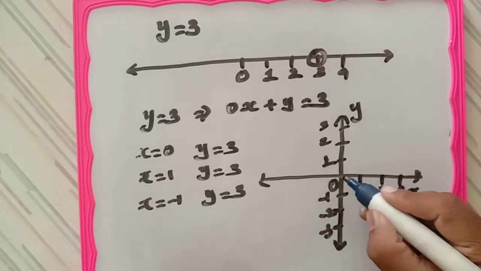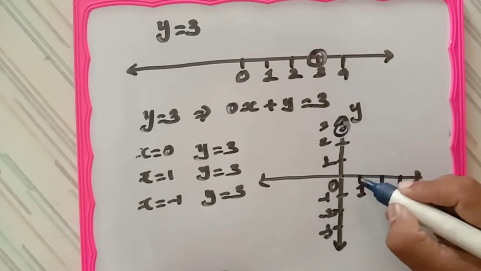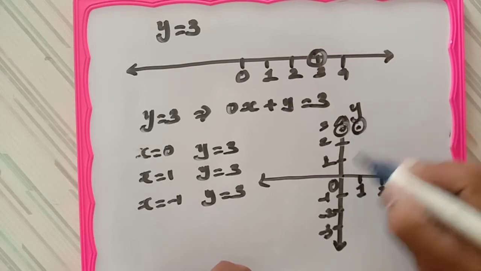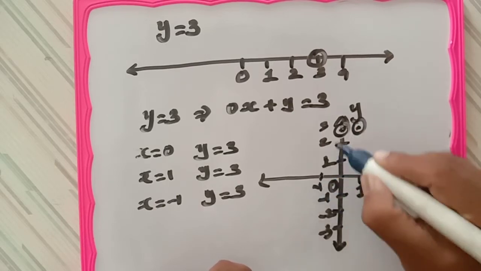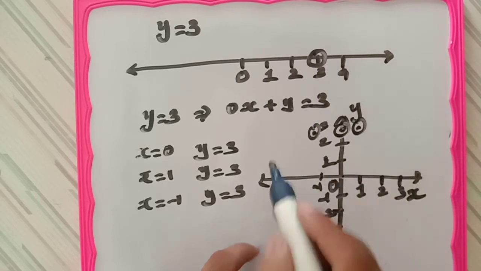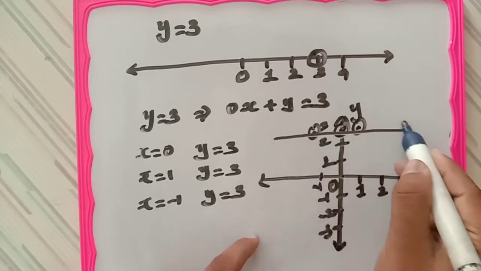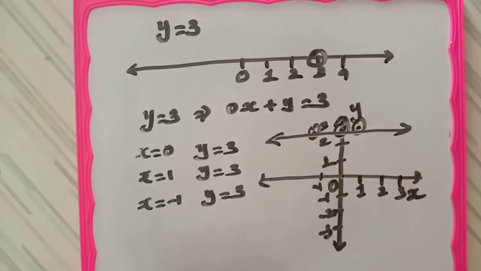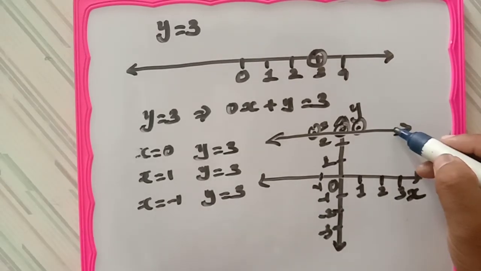So the points are (0, 3), (1, 3), (-1, 3). When we join these points we get a horizontal line, and this horizontal line is parallel to the x-axis.